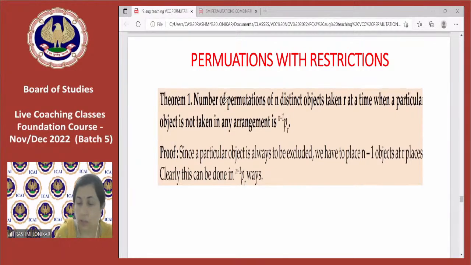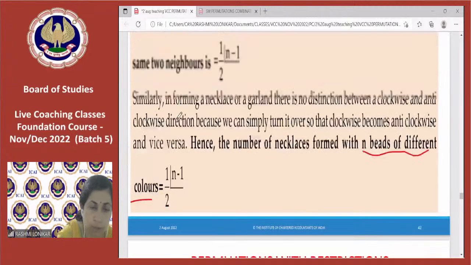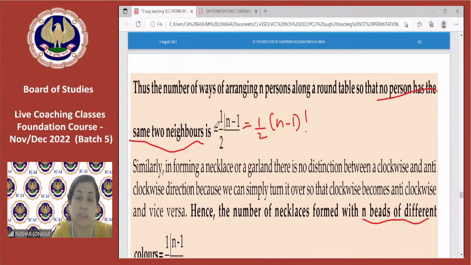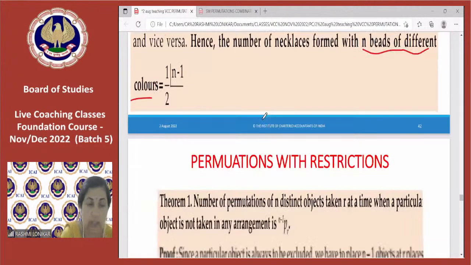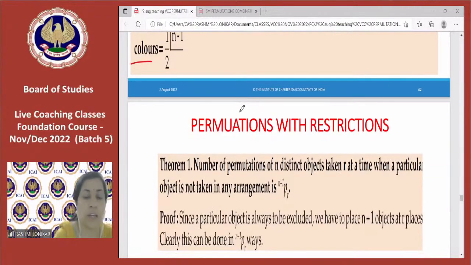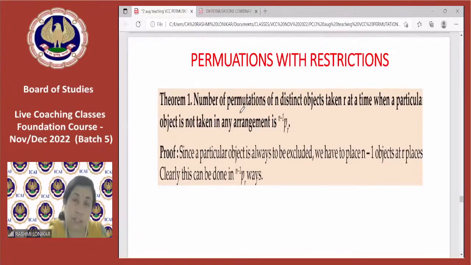Okay. So here we have talked of circular permutation. So when I want to arrange people around a table in such a way that a person does not have the same two neighbors, it's 1/2 into (N minus 1) factorial. When I have the number of necklaces formed with N beads of different colors, I have 1/2 of (N minus 1) factorial. Then we have permutations with certain restrictions.